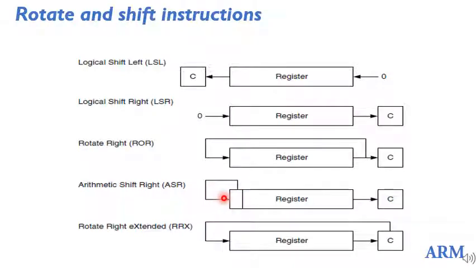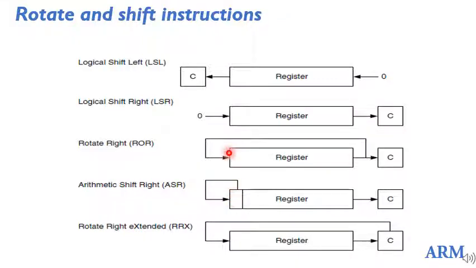So the sign bit will be copied into itself. The only difference is that in logical shift right the most significant bit is filled with zeros, whereas here it is filled by itself. So that is the difference between arithmetic shift right and logical shift right.